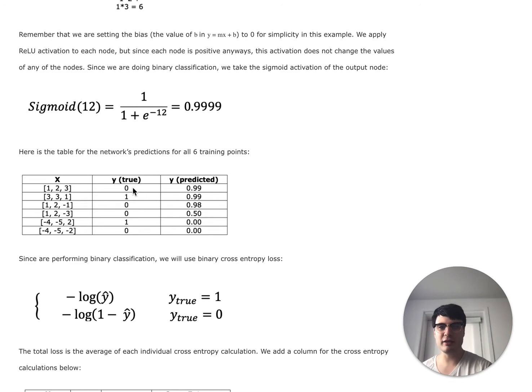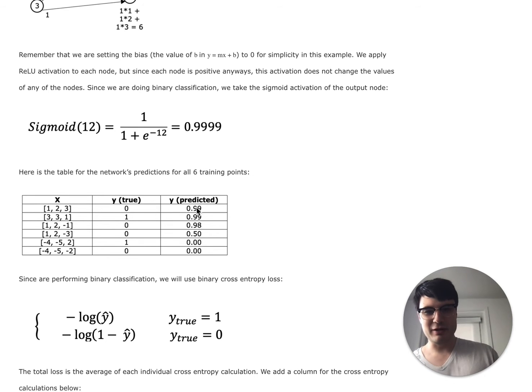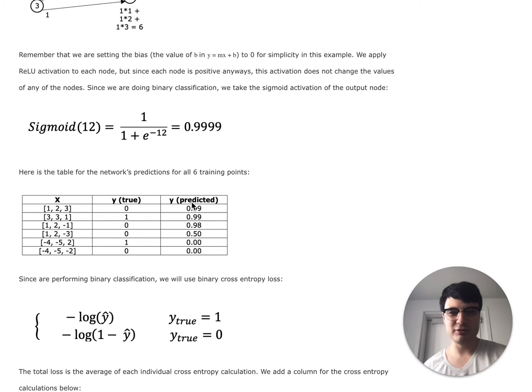If we look at the true value of these data, the true value here was 0, but it predicted 0.99. That's a ways off. For this one, the true value was 1. We predicted 0.99. That one was good. Here, true value was 0. We predicted 0.98. That's bad, etc. So the whole point of gradient descent is to make the y true closer to y predicted.